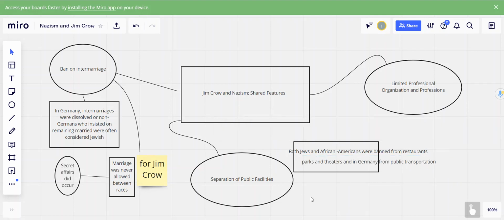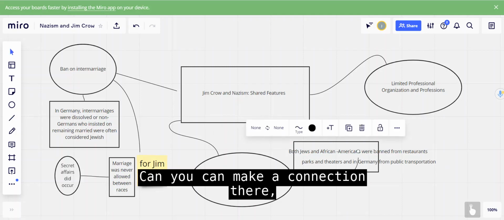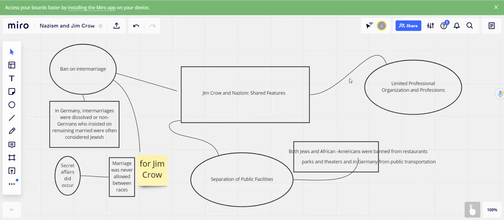Right, so we did that. Again, you can make the connection there, right?